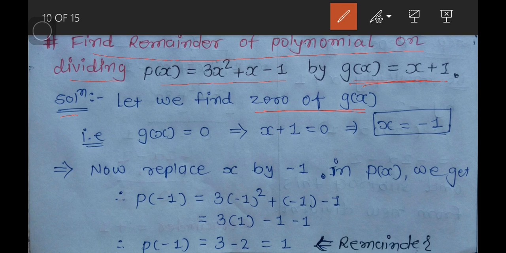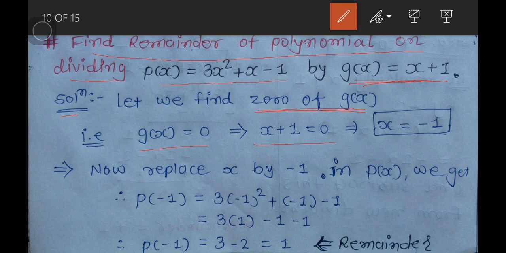So now we find the zero of the linear polynomial g of x. We put g of x equal to 0 and make it a polynomial equation. Here g of x is x plus 1 is equal to 0.